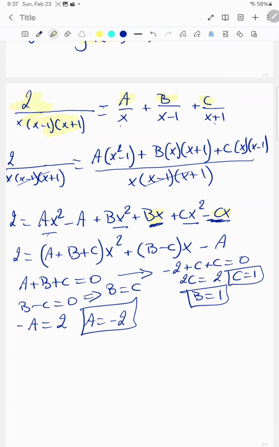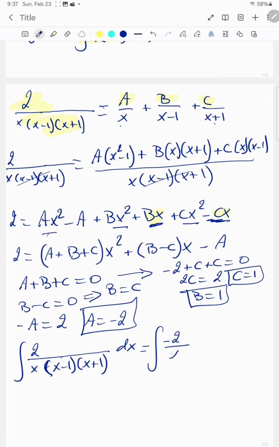So my integral of 2 divided by x times x minus 1 times x plus 1 dx, I can write it as integral of my a is equal minus 2 divided by x dx plus my b is equal to 1, we said. 1 times dx is dx times x minus 1 plus my c is equal to 1 and x plus 1 here. And I have dx. Let's write it. 1 times dx is dx, so let's write dx here.